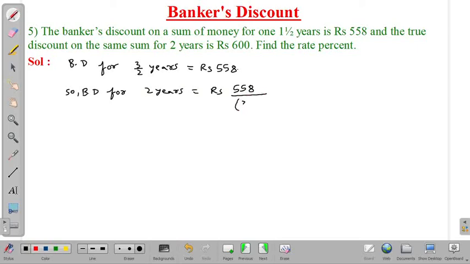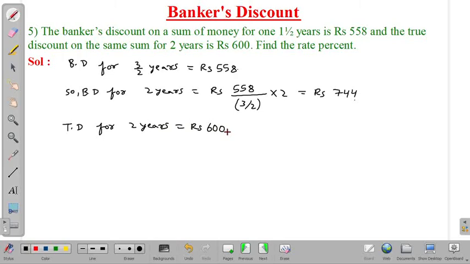So we will divide by 3/2, and now this is for 1 year. So we need to multiply by 2 to get the banker's discount for 2 years, and this will be equal to rupees 744. Now we have the banker's discount for 2 years as 744, and the true discount for 2 years is equal to rupees 600.